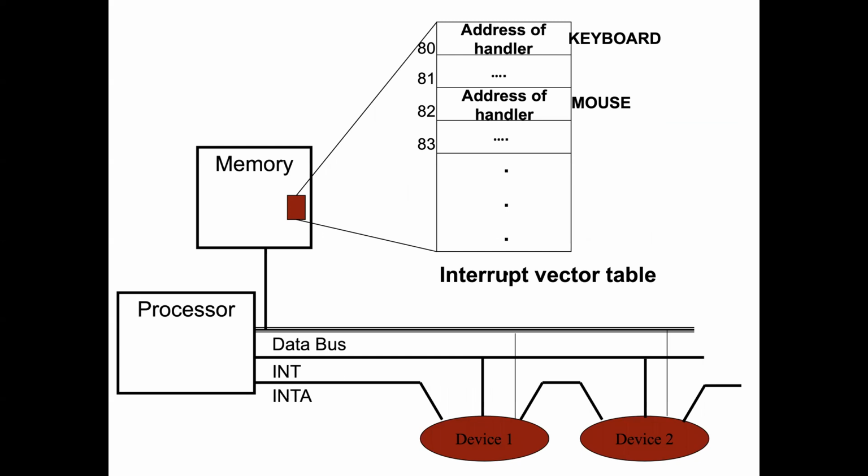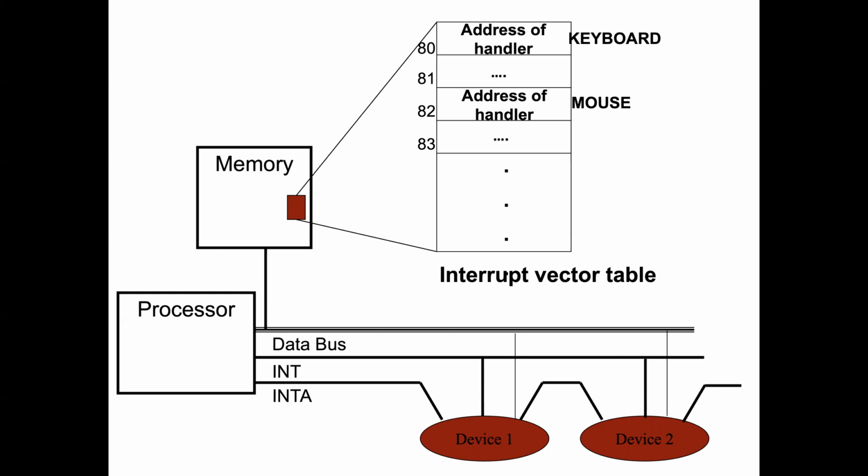And so here we can see how the processor will receive the vector from a keyboard and mouse or any other type of external device. This is done through the interrupt vector table.